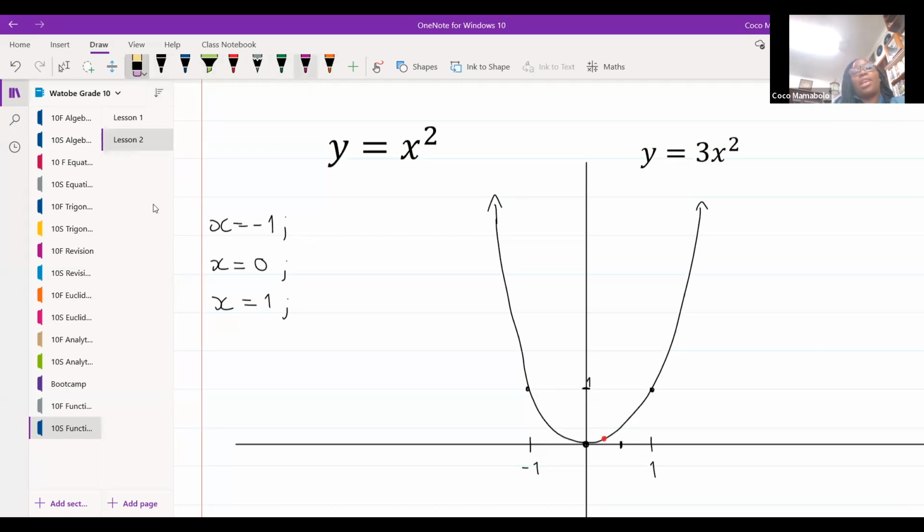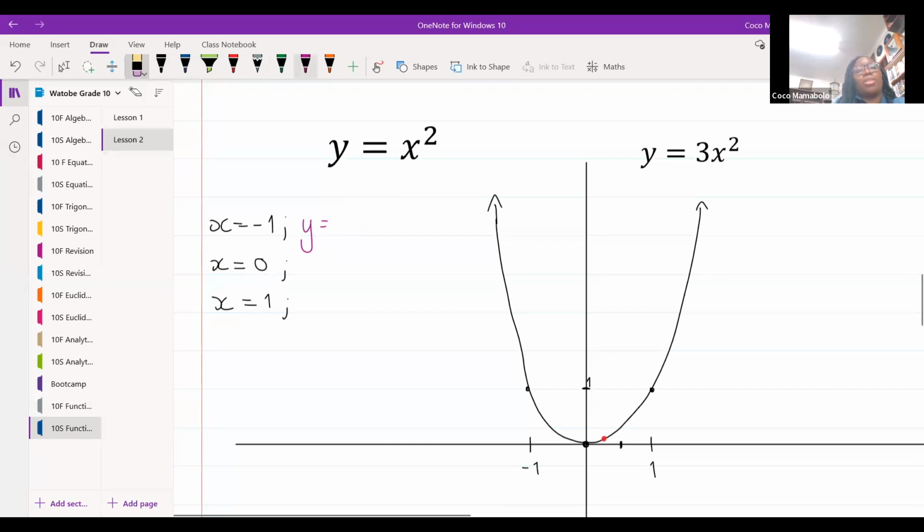Now, be careful, because I knew you would fall into my trap. What we would get for y is y is equal to 3 multiplied by -1 all squared. -1 all squared would give us 1, times 3 would then give us +3. Not -3, +3, because -1 squared is +1. +1 times 3 is then +3.